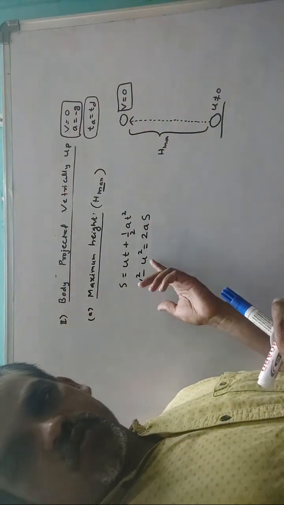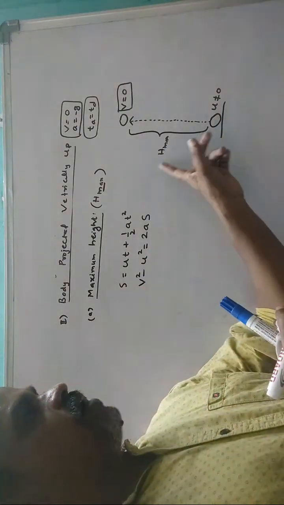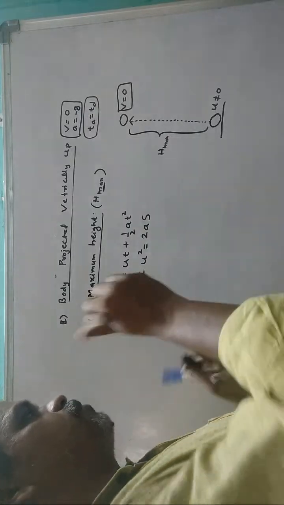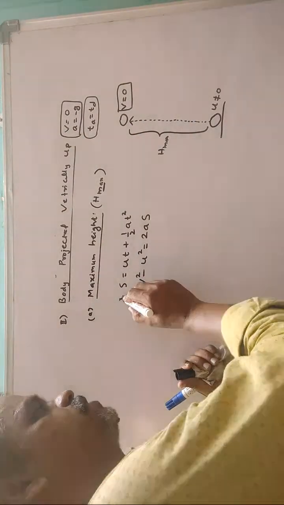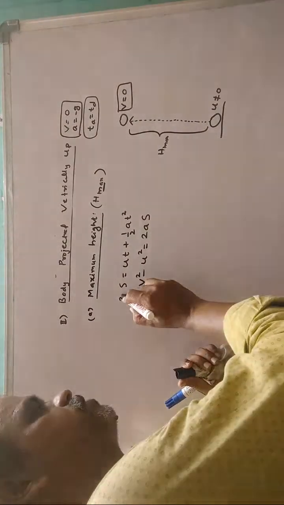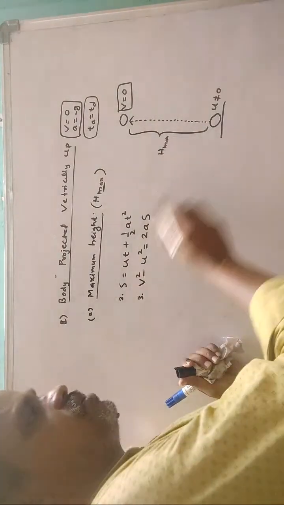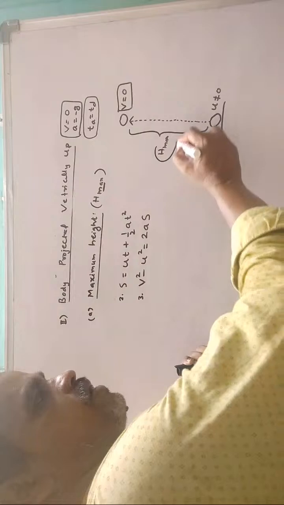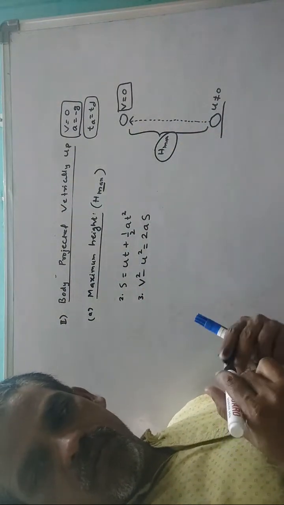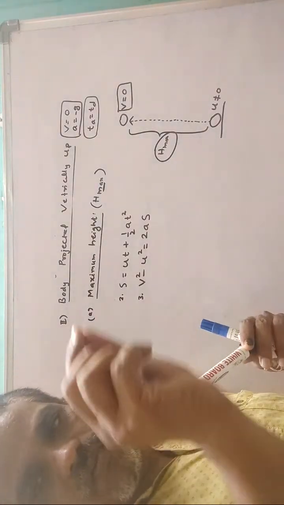So which is suitable? Is this equation suitable for finding h maximum? Just message me 1 or 2. I am giving this is the third equation, this is the fourth, this is the second equation, kinematic equation, this is the third. So 2 or 3, which is suitable to calculate maximum height here? If 2 is correct, message me 2. If third is correct, message me 3.